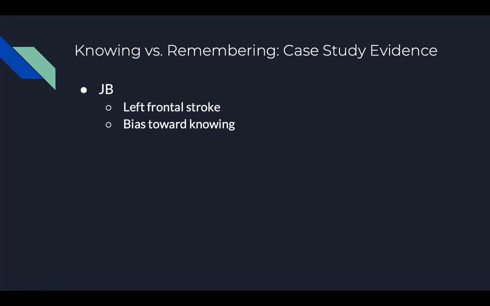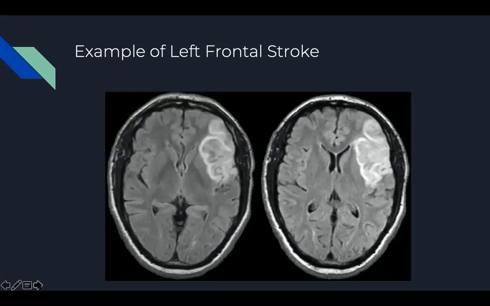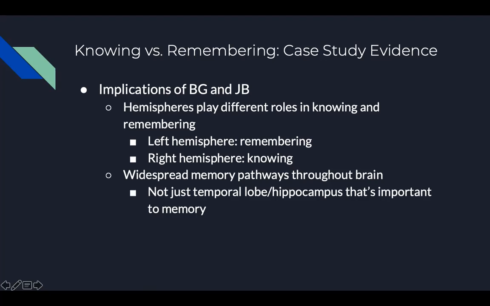And so we talk about both of these cases because they suggest to us that the two hemispheres of the brain are contributing in different ways to our sense of awareness and our sense of recall.